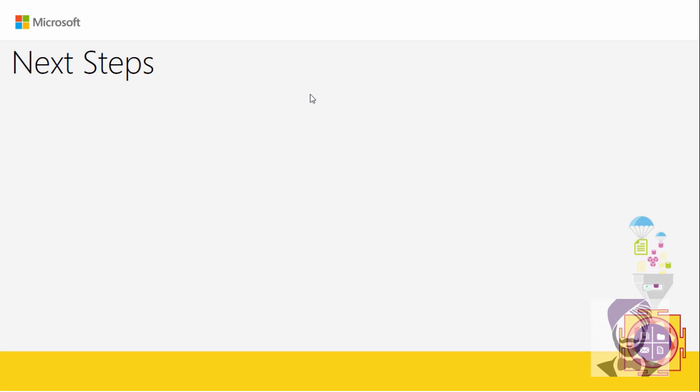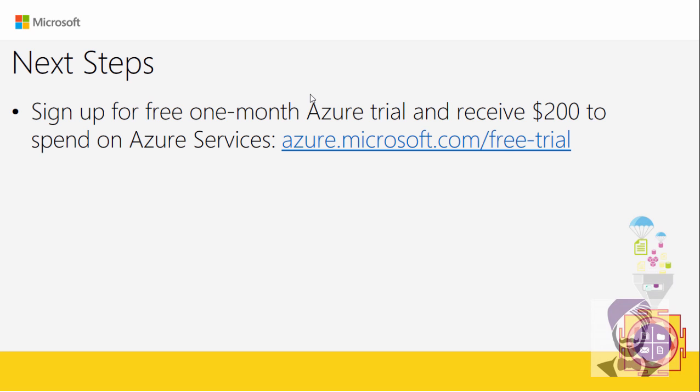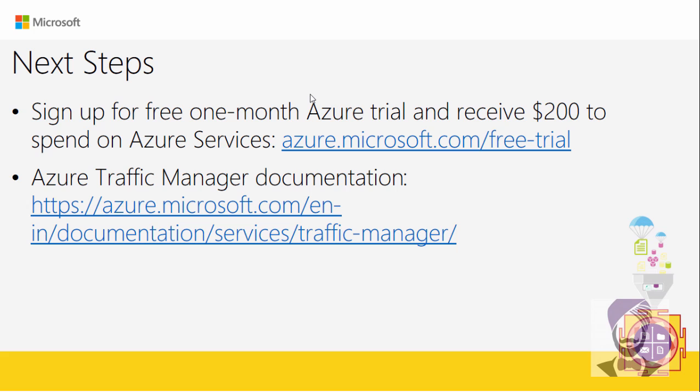For the next steps, if it's the first time you're attending an Azure session, or you actually want to set up things and see how Azure works, you can have an Azure trial account, and you don't need to pay anything for that trial account. You'll be given $200 of credits for a month, in which you can set up many virtual machines, or your websites, or your databases.